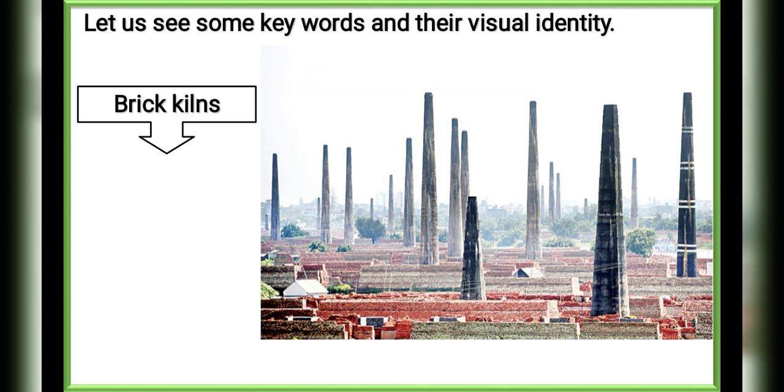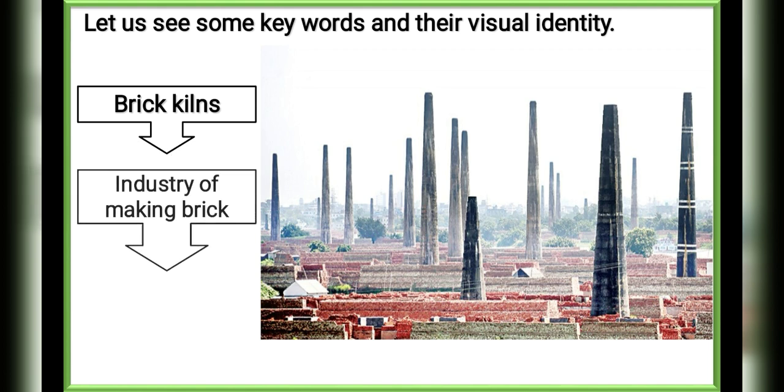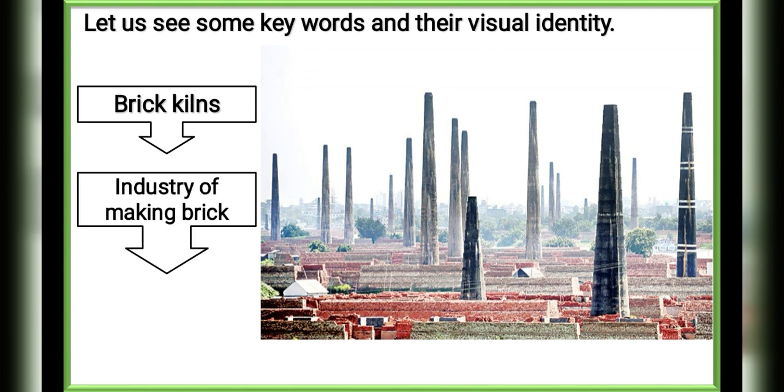There are a lot of chimneys in which bricks are burnt, or soils are burnt in the shape of bricks, and these red bricks are made. So what would be the possible similar meaning? Yes, industry of making bricks. You can see a lot of chimneys, that means it is quite a big industry, and this industry produces bricks.